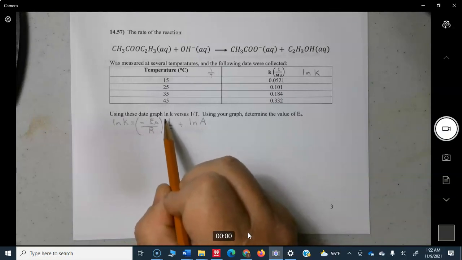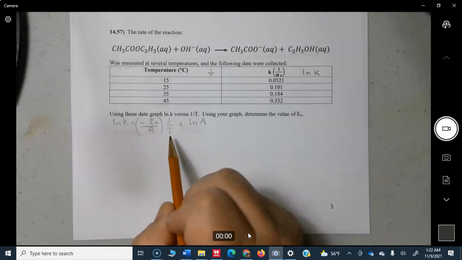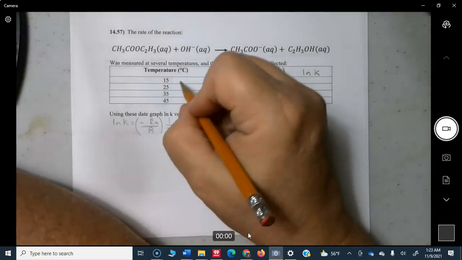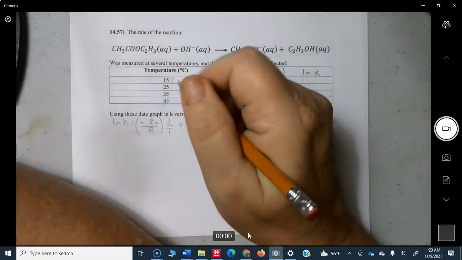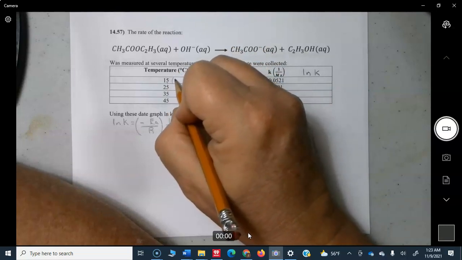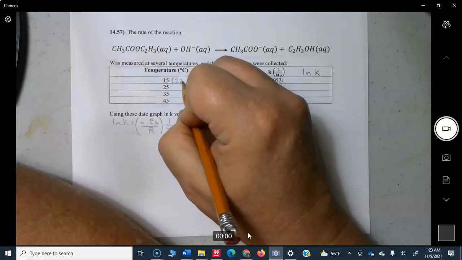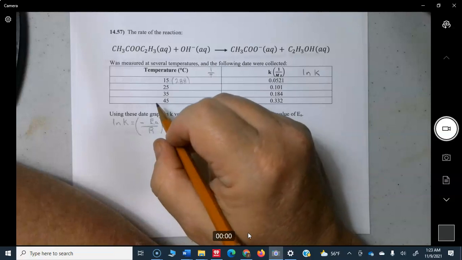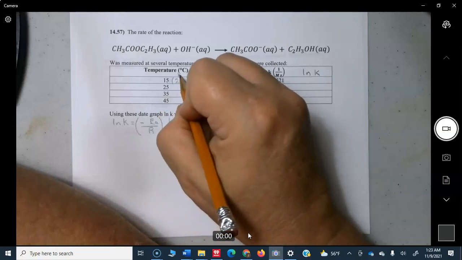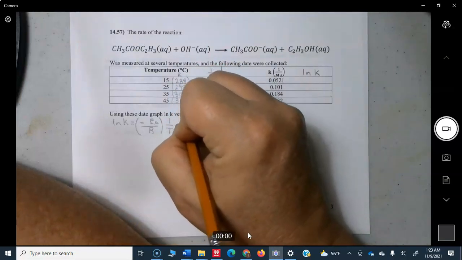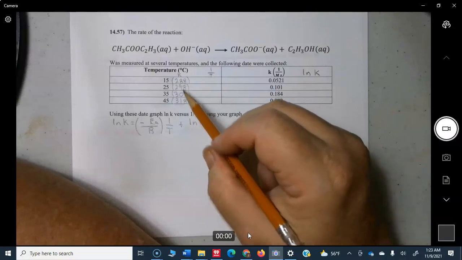And there's the independent variable, 1 over T, and natural log of A. So first we need to convert these temperatures to Kelvin. 273 plus 15 is 288. And all the rest of these you just add 273 to get to Kelvin. You need to be in Kelvin because this rate constant here is in Kelvin, not in centigrade. And there's the Kelvin temperatures.